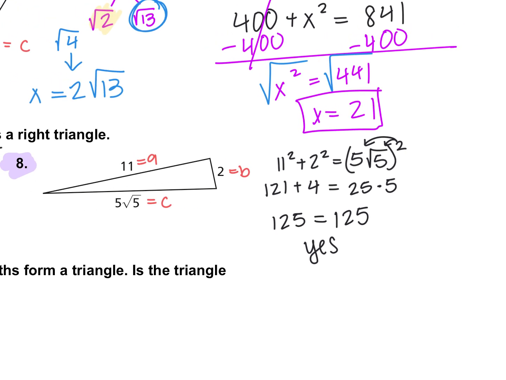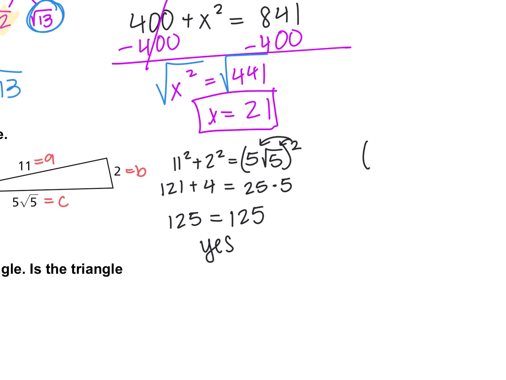Miss Chung? Yes. When would we use a FOIL? If let's say they had 5 plus 6, when you have an addition or subtraction sign on the inside with your squared on the outside, when you have an addition or subtraction sign separating your two terms. If it's just multiplication, you can distribute.